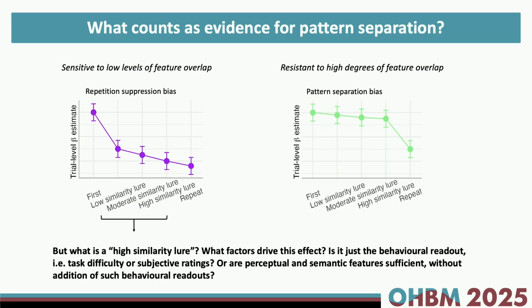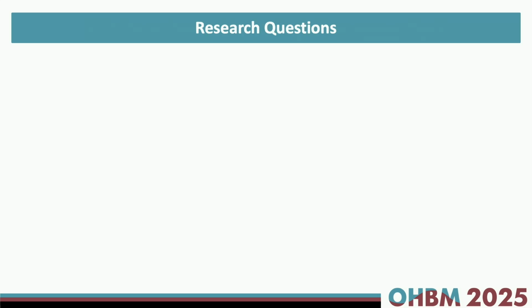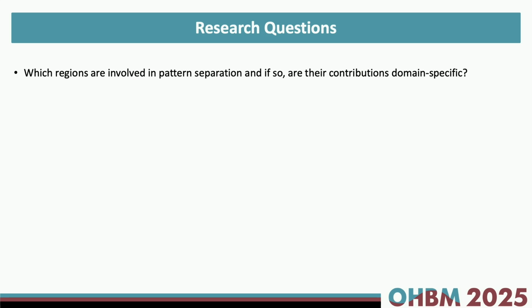But what is a high similarity lure? What factors drive this? Is it just the behavioral readout, so memory difficulty, for example, or are there perceptual and semantic features that might be sufficient to explain this even without a behavioral readout? This is one of the questions that I wanted to answer here. Specifically, first, which regions are involved in pattern separation and are other contributions domain specific?